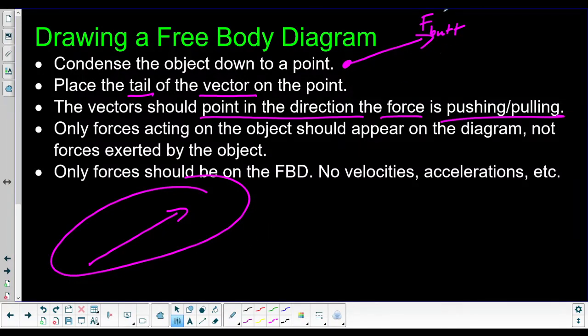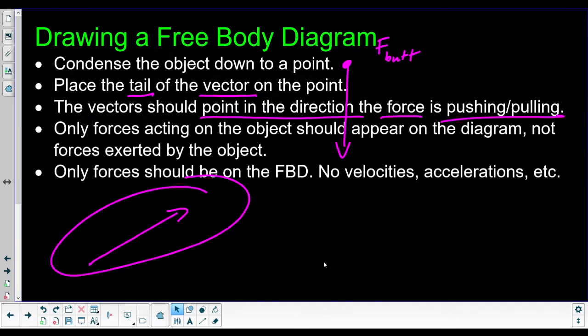So if this is a butt on your little brother, maybe that's a bad way to represent it. We should, ooh, why is it erasing? That's weird. What in tarnation? Okay. We should probably take the butt force and put it down, because butts push down on stuff, right?